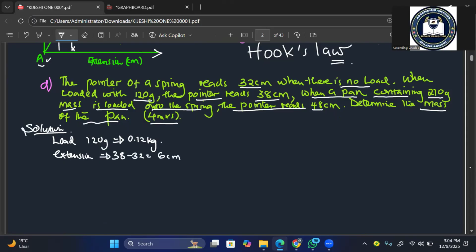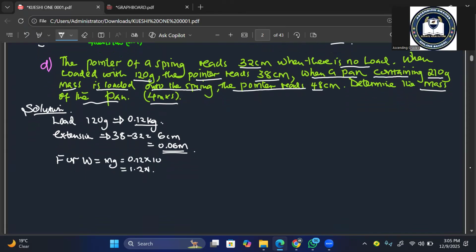You're going to get 6 centimeters or 0.06 meters. For this load, we are given in kilograms, so we can say our force or weight will be given by mg. So it will be 0.12 times 10 newtons per kg, we get 1.2 newtons. Now from there, we'll be able to solve.